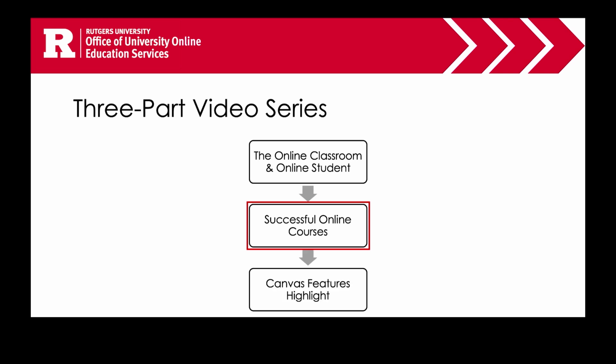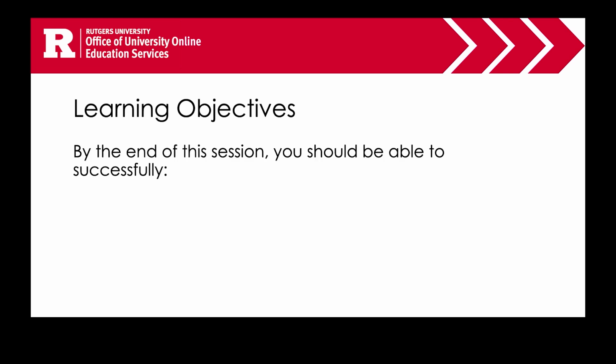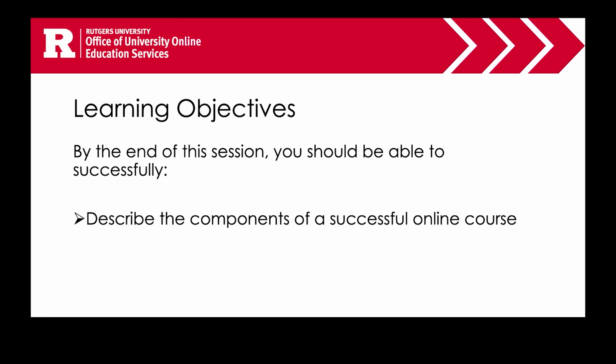And part 3 will highlight features in Canvas which can address the challenges of online learning. It is recommended that you watch all parts in this video series to ensure a comprehensive overview of online teaching. By the end of this video, you should be able to successfully describe the components of a successful online course.